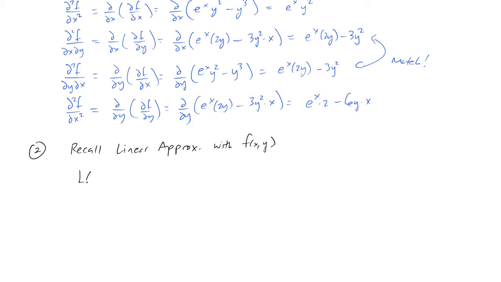So recall that the tangent plane, or the linear approximation of this function, is f of x naught y naught, which I'm going to abbreviate p, plus the partial with respect to x at p plus the partial with respect to y at p.